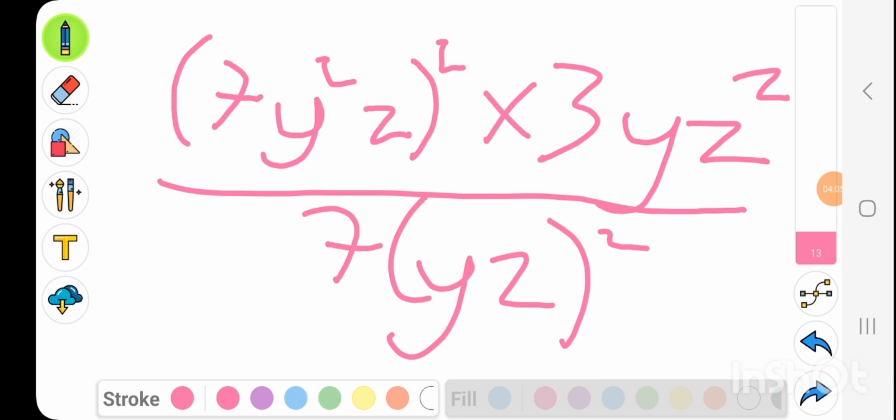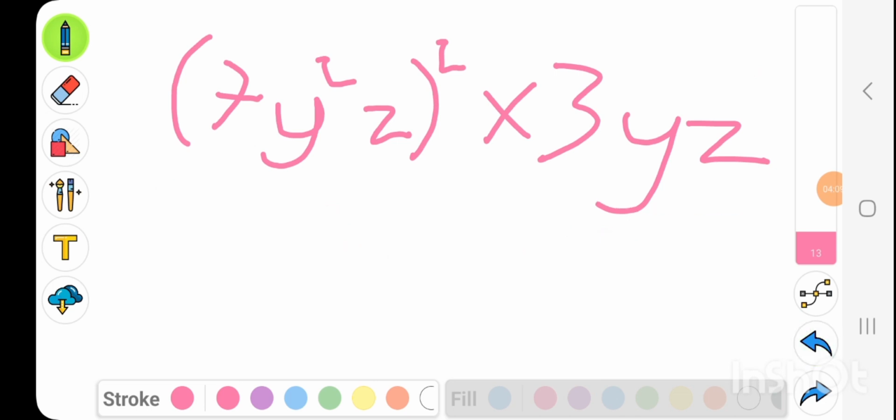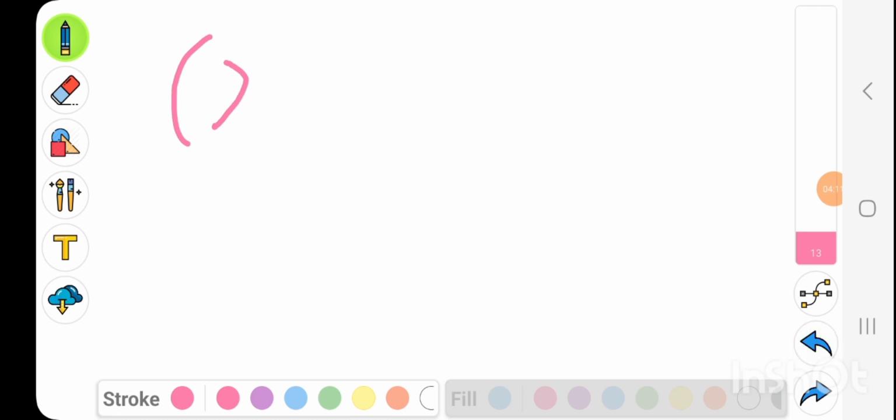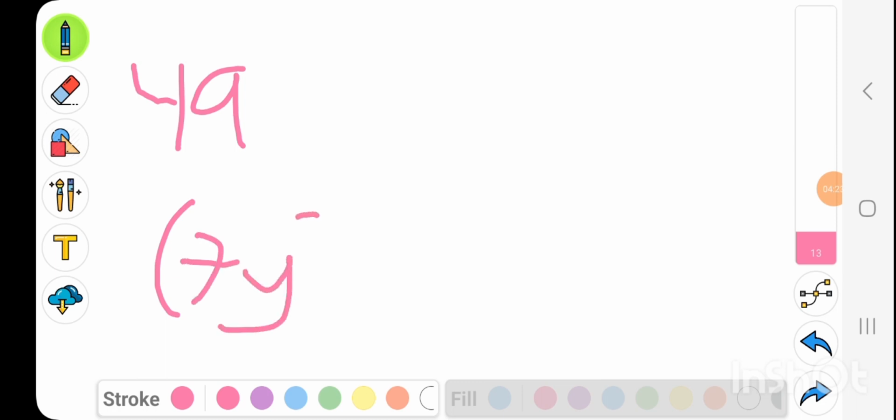Alright, if you are back, I'll just delete this because I think you've already solved it. If you haven't, that's alright. So 49, because you have to square all the brackets. Originally this was 7y squared z squared.